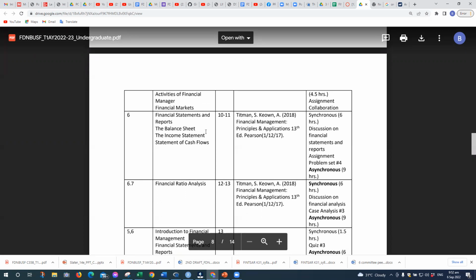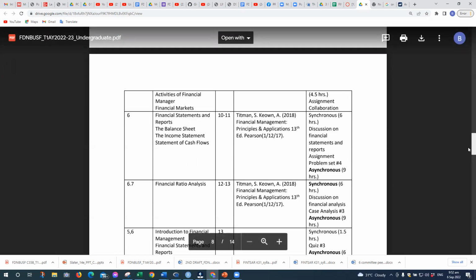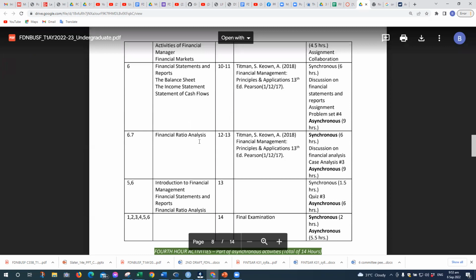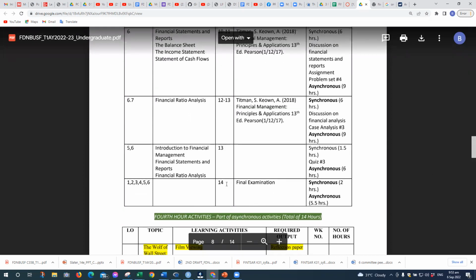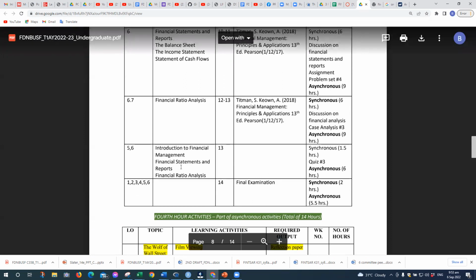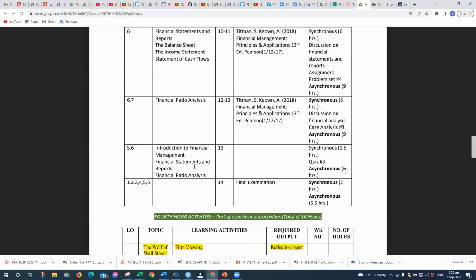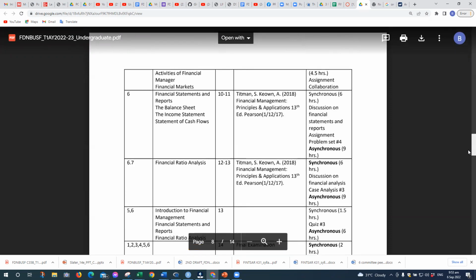And then after the financial statement analysis, the analysis of the balance sheet, income statement, and statement of cash flows, we will go to financial ratio analysis, and some introduction to financial management. This is where you'll be submitting, or maybe in finals week, your output for financial ratio analysis. It will be a group effort, group work.